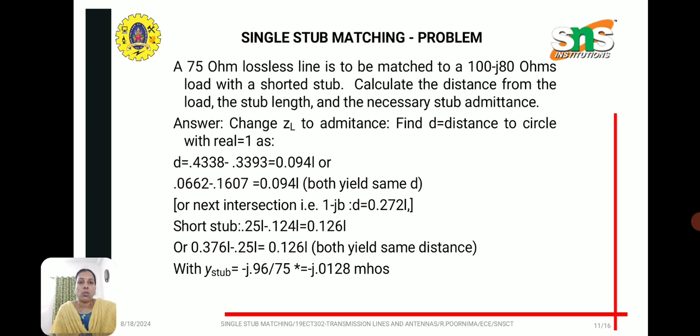A 75 ohm lossless line is to be matched to a 100 minus j80 ohm load with a shorted stub. Calculate the distance from the load, the stub length and the stub admittance. First of all we need to change ZL to admittance and then find the distance. D is calculated using this equation.